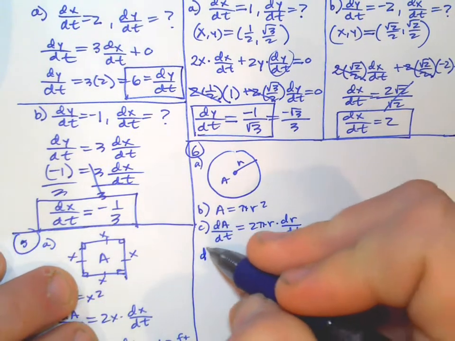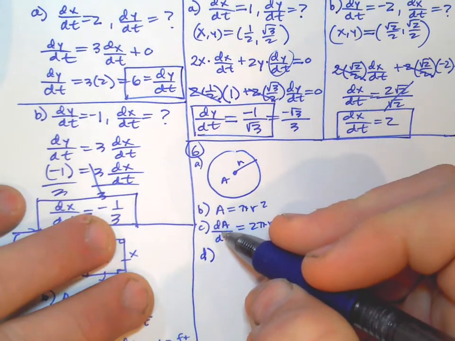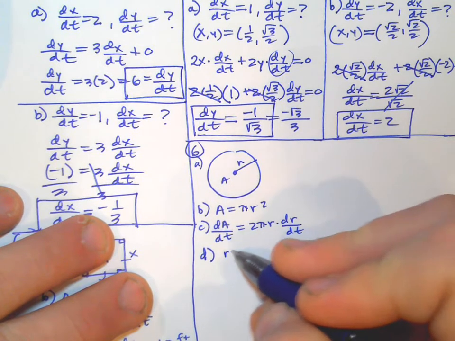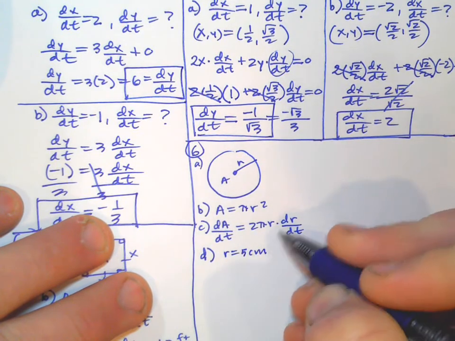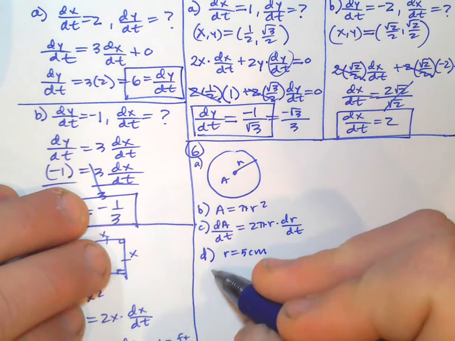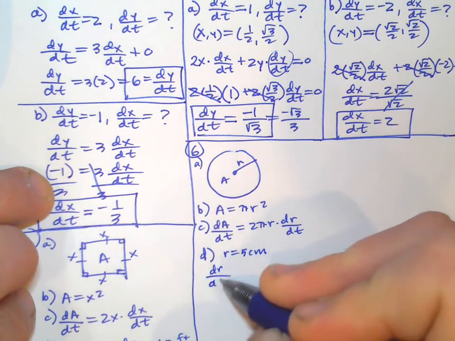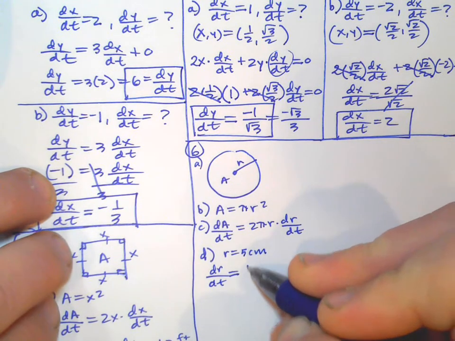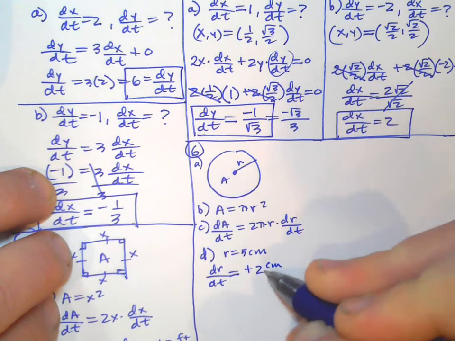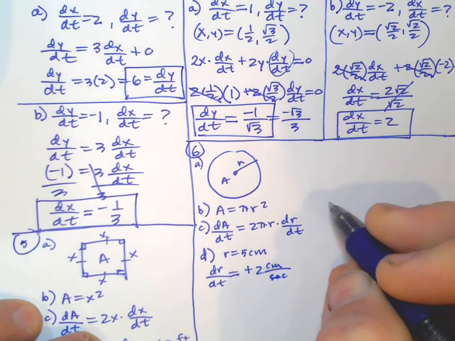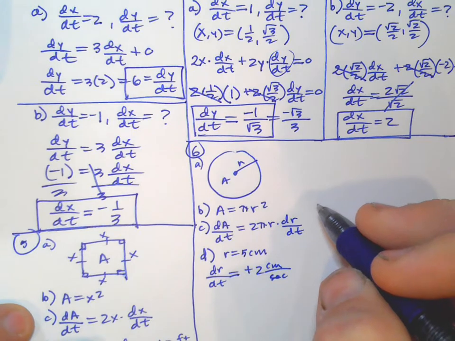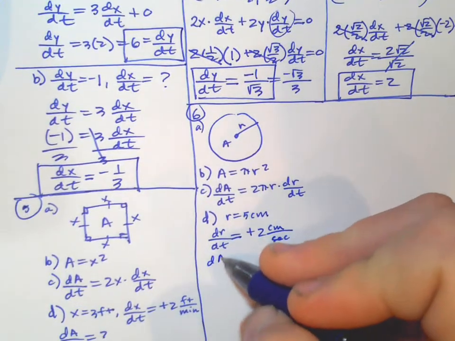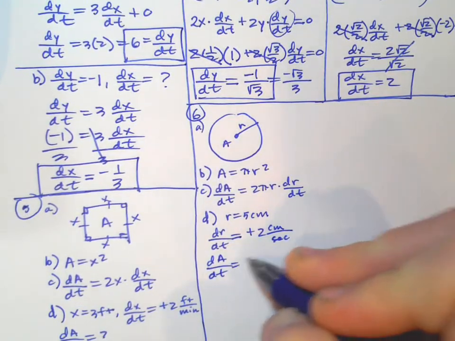Okay, D. It says at a certain instant, the radius is 5 centimeters and is increasing at a rate of 2 centimeters per second. So dr/dt is positive 2 centimeters per second. How fast is the area increasing at the instant? So we're looking for dA/dt.